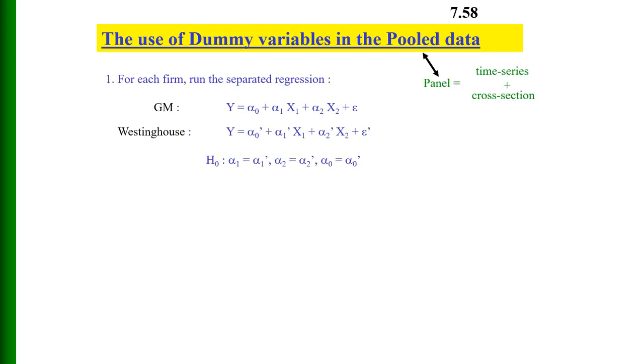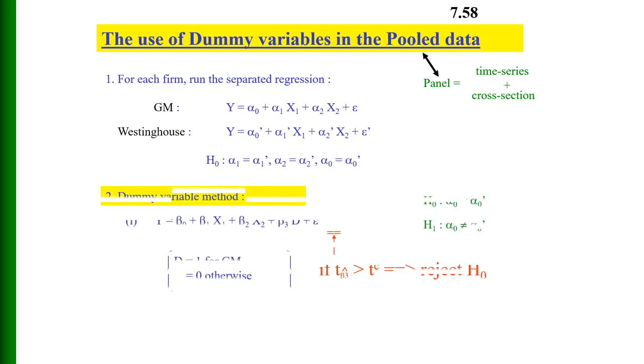So we have this. The use of dummy variable in the pooled data, that is the time series plus cross section, and here we have for each firm run the separate regression. So we have this, and here this is the null hypothesis, and then we use the dummy variable.